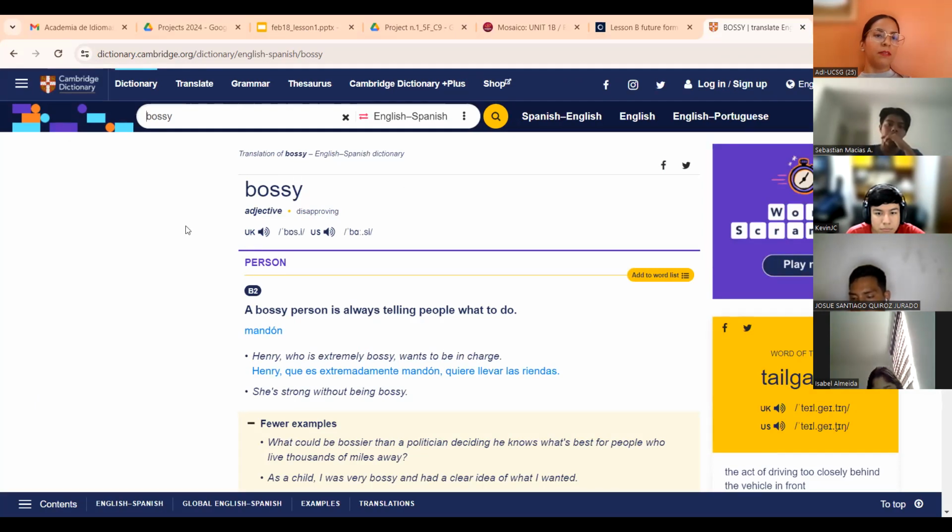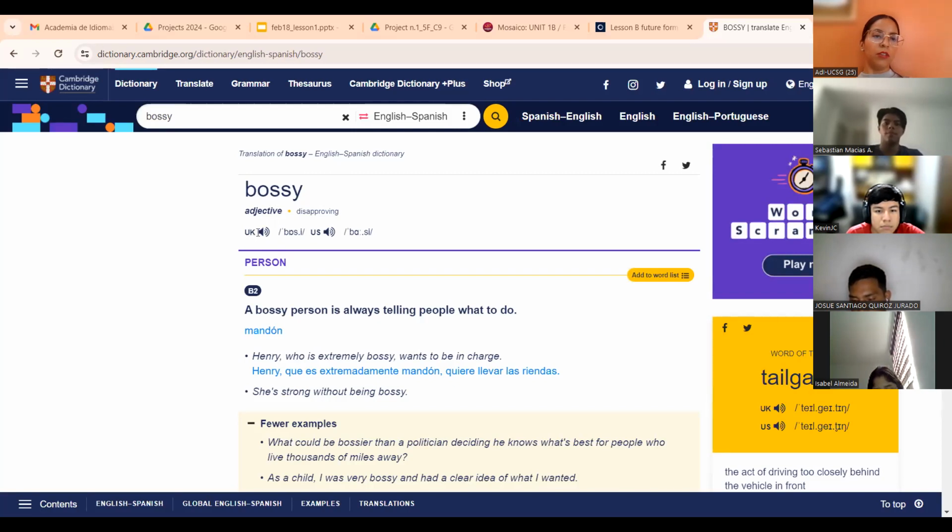This is a complete dictionary because here it tells you what part of speech it is. This one is, for example, an adjective. Remember that now we're studying adjectives of personality, so all of them are adjectives. And here you have the speakers.